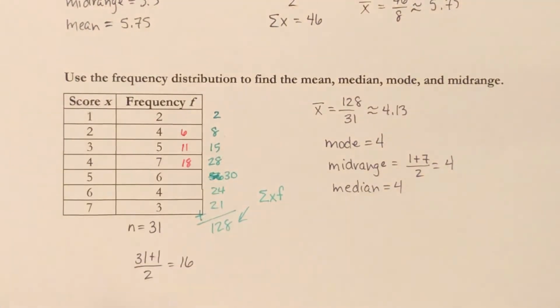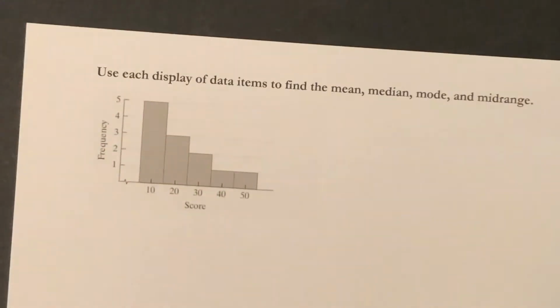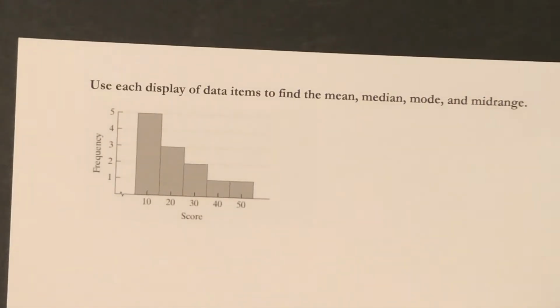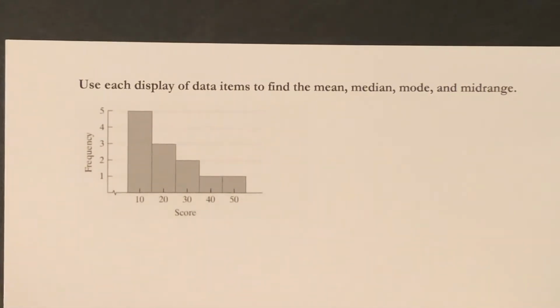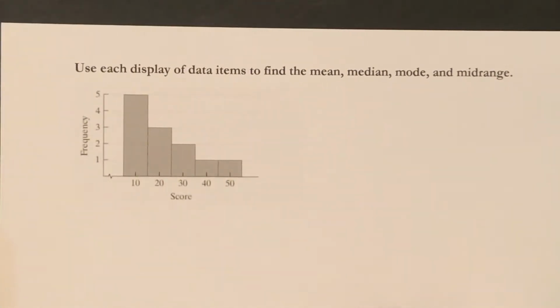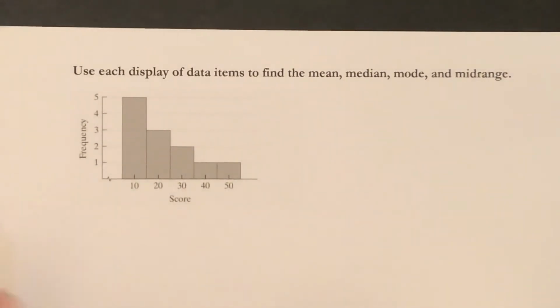Okay, so we learned in the last section to take a frequency distribution and turn it into a histogram. Now we're going to take the information off a histogram and do what we just did. One of the things that I found useful, again, is to use whatever structure they've given to me and organize myself around that.